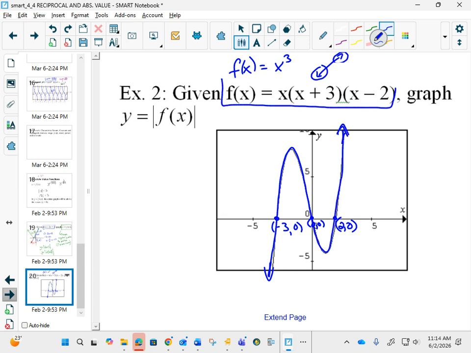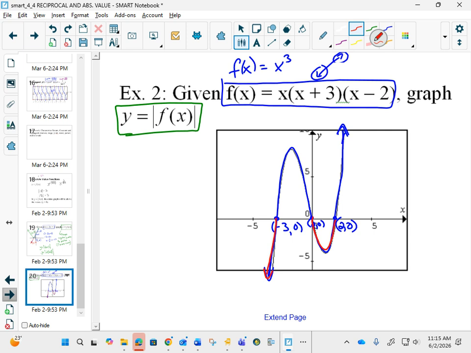And so in blue, we have the original graph. I'm going to change colors and do the absolute value of this graph in green. Okay? All that's going to happen is wherever your original graph y values are negative, I'm going to highlight those in red. You see that it's negative here, below the x-axis, negative there.